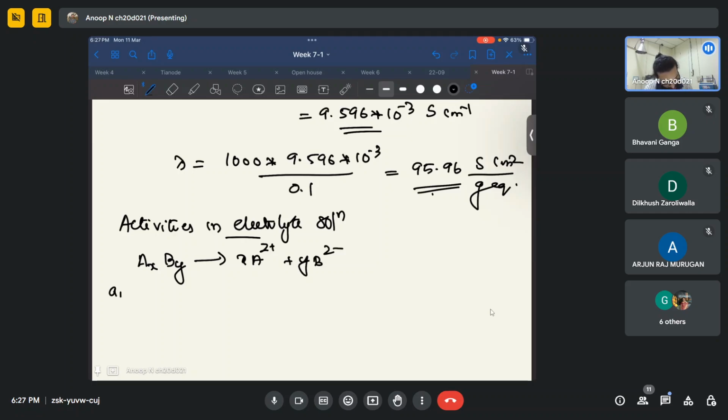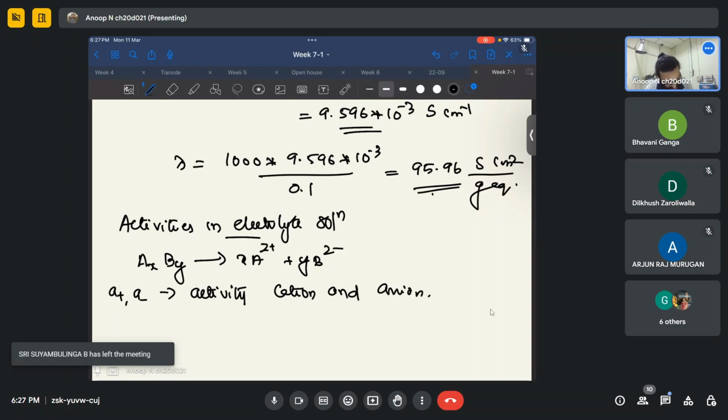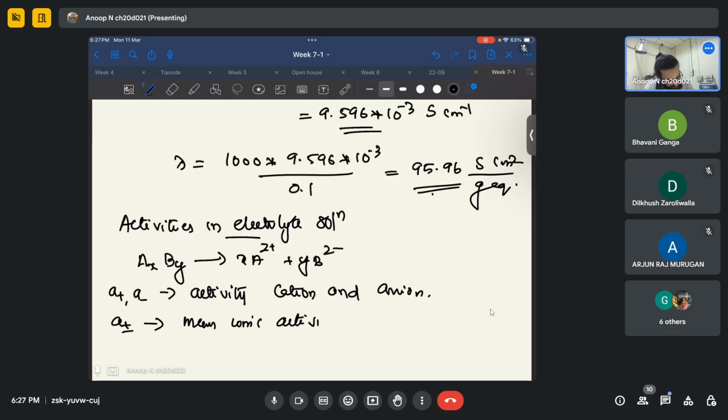Here a plus, a minus are the activity of cation and anion. Then we will define two more quantities. One is a plus minus, which is the mean ionic activity, and another term is a, which is the mean activity of the electrolyte solution.